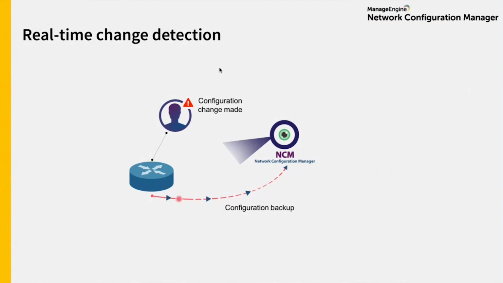If an admin logs in and logs out from a particular device, there may be a change made to the device that we may never know about. But Network Configuration Manager will immediately back up, and it will automatically compare the two configurations side by side to see if there is any change made to the configuration. All this is done by Network Configuration Manager itself without the need for any human intervention.